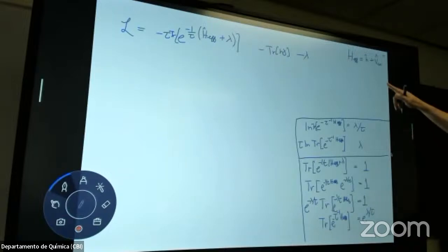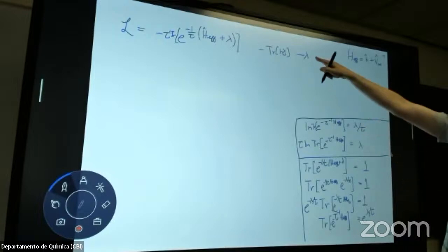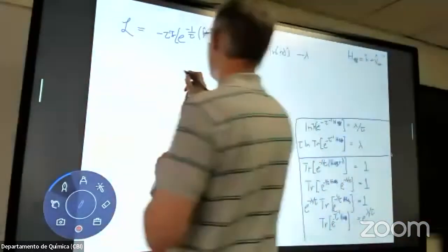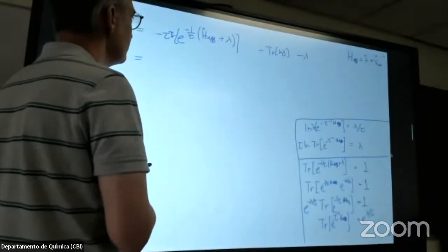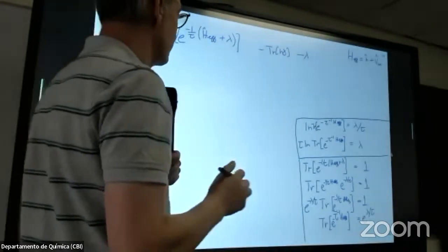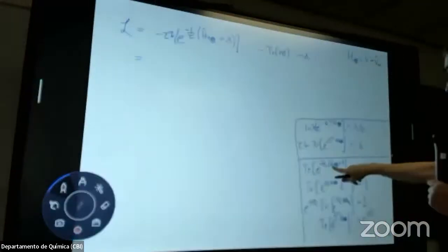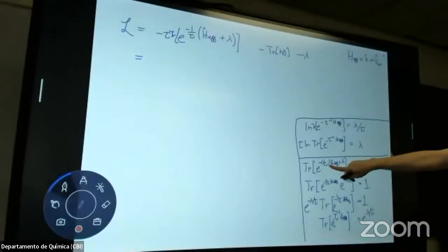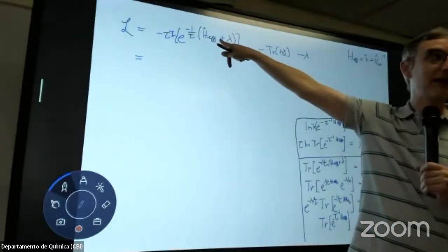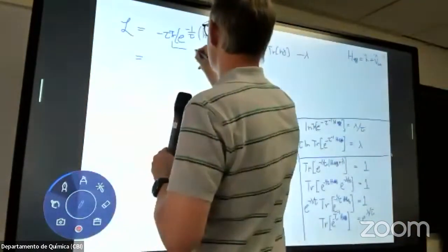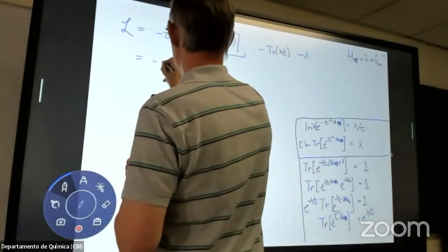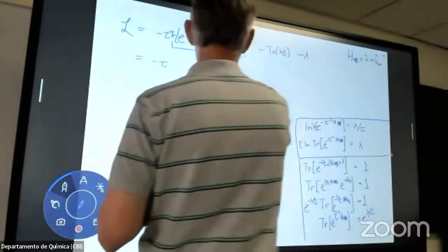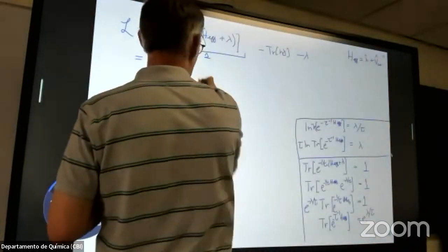So this gives me an expression for lambda, which is useful because I have one lambda that's showing up explicitly here. Right? And the other thing that I have is this thing right here. If I look at it, it showed up exactly here. So this trace is just 1. So I have minus tau times minus tau.